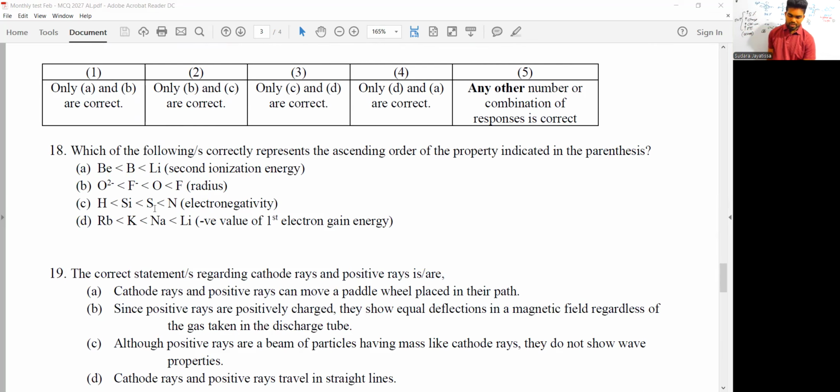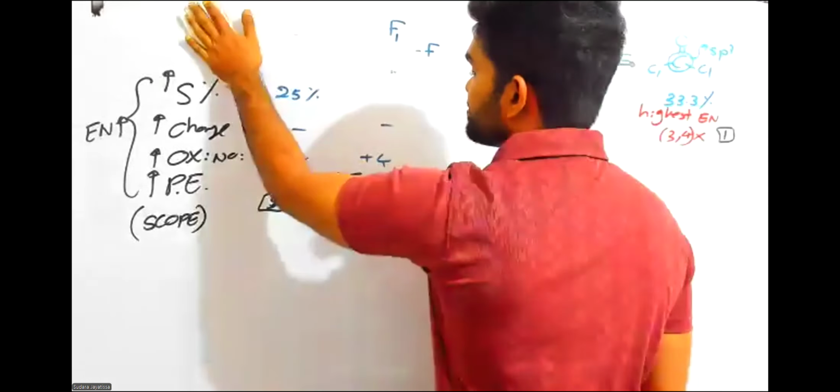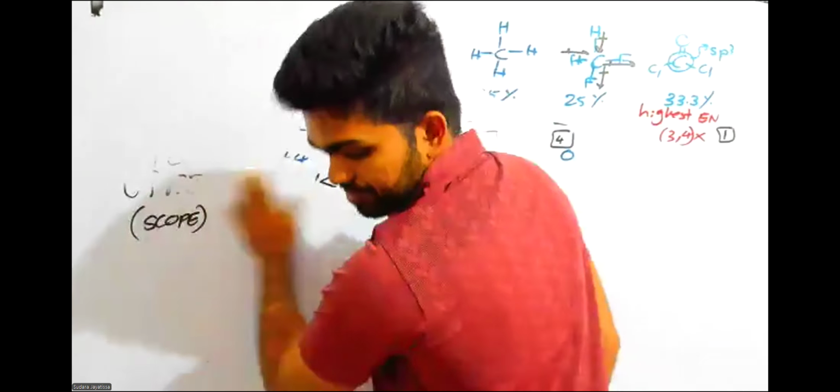It's asking, which of the following correctly represents the ascending order of the property indicated in the parenthesis? Second ionization energy. We'll discuss that on the board.